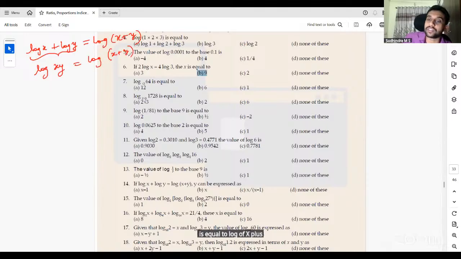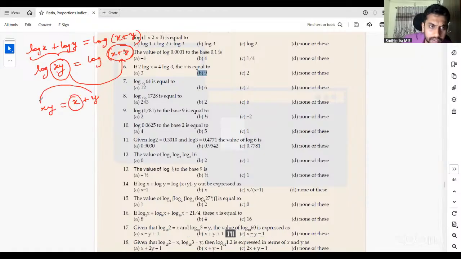What can I do with this equation? Can I equate these two? xy and x plus y. Yes, sir. xy is equal to x plus y. Correct?